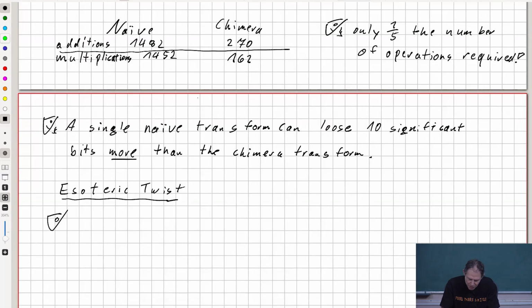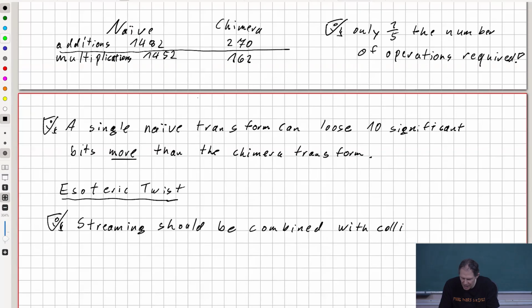So what we have already seen in the example code that we had is that we can combine the streaming with the collision. And that should always be done, because otherwise it becomes pretty expensive. Because as I told you, reading the populations is actually the most costly thing in the entire thing.